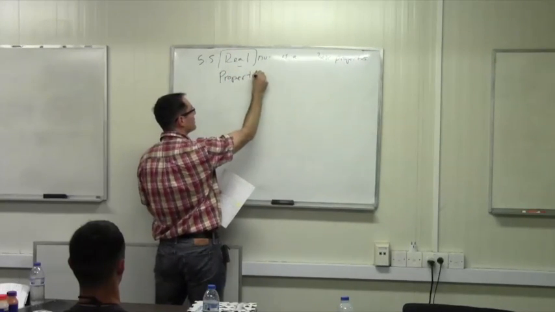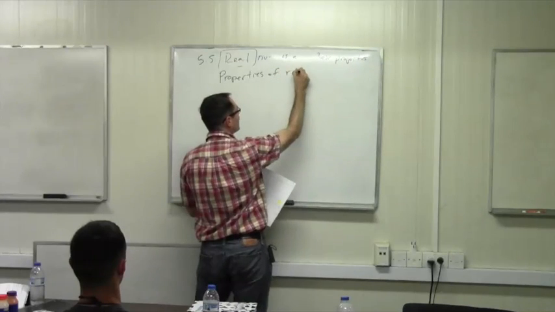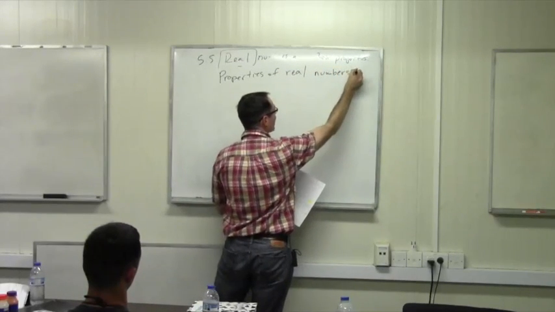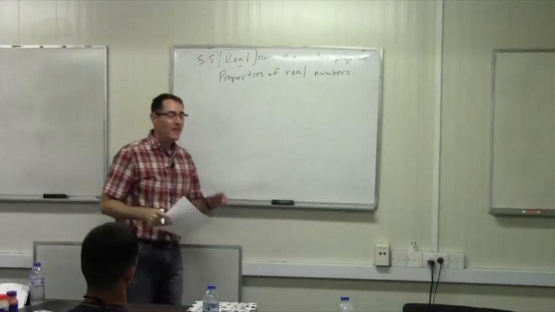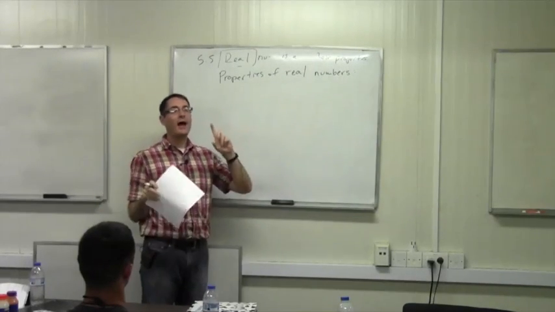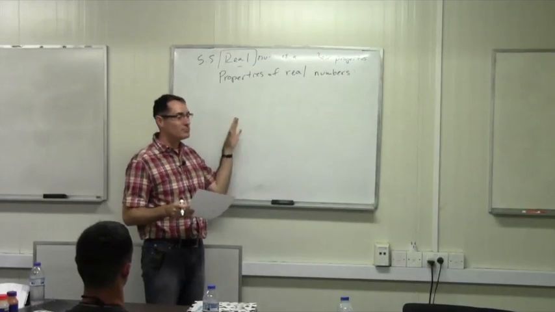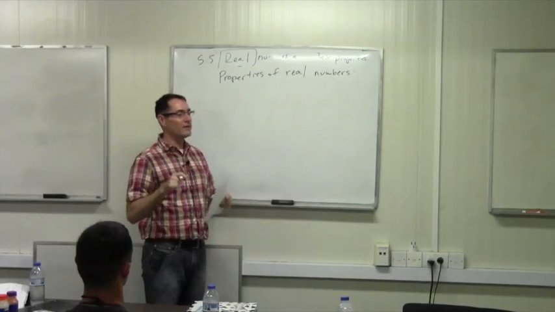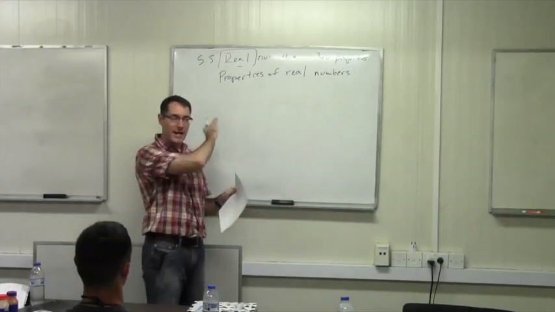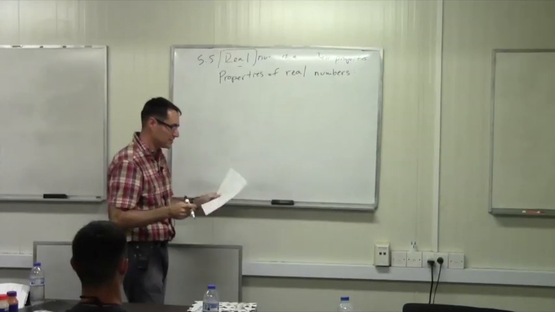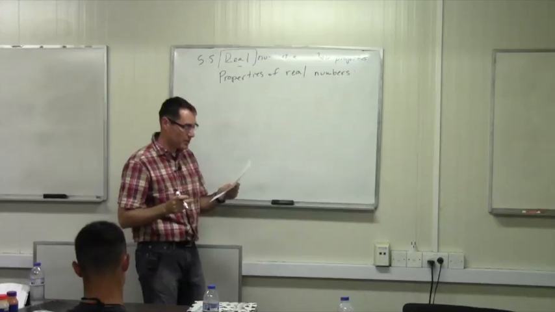Properties of real numbers. You may remember some of these terms from when you took them, however many years ago. They're not that hard. I remember getting confused about these and having to try to remember what each property was. But it's really not that hard if you pay attention and process what's going on when you look at these types of properties.